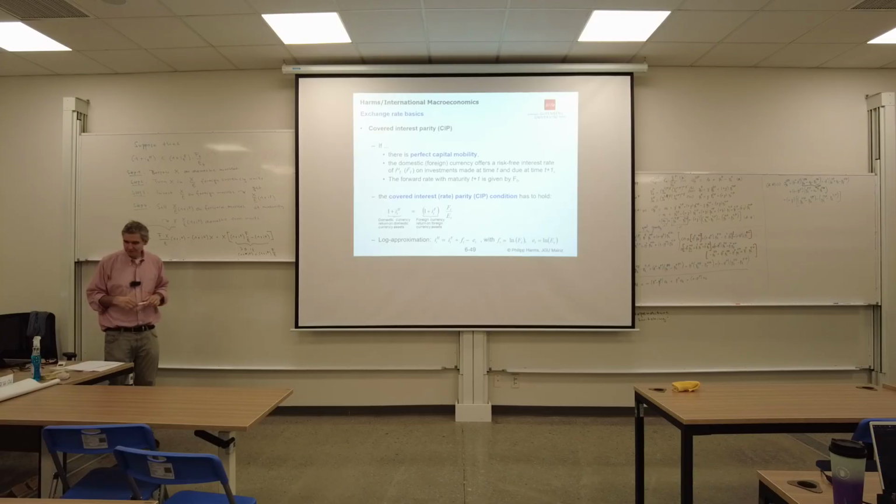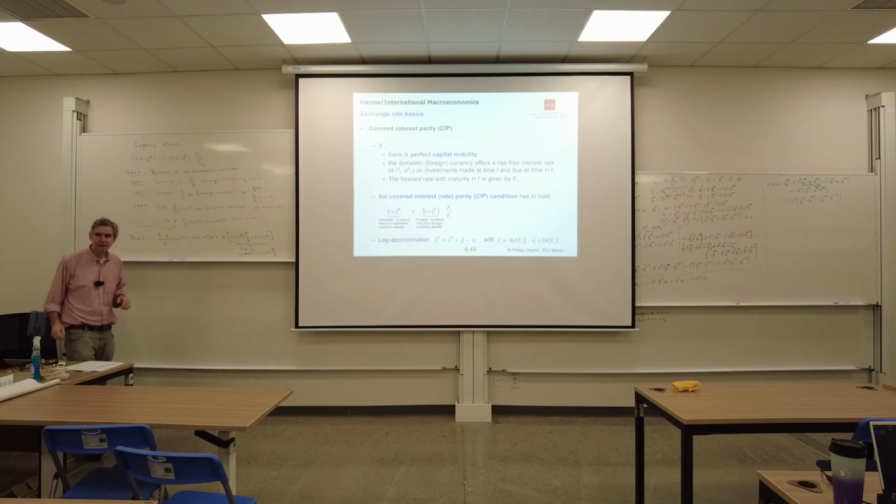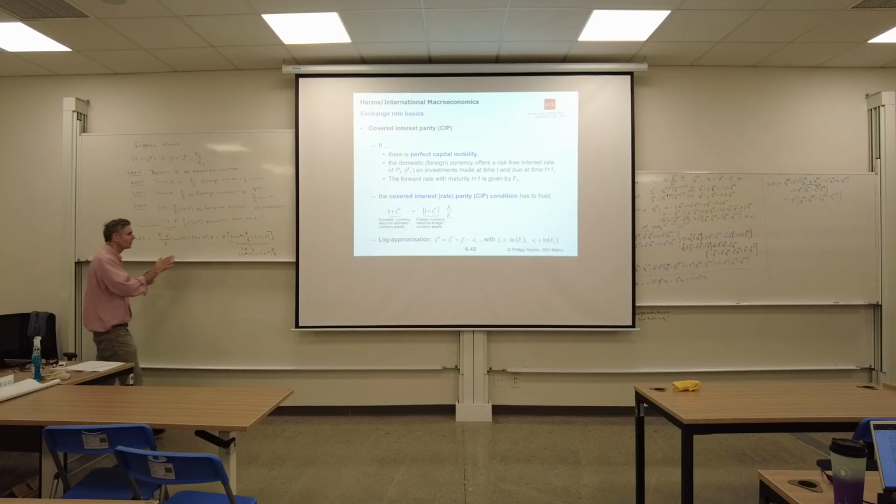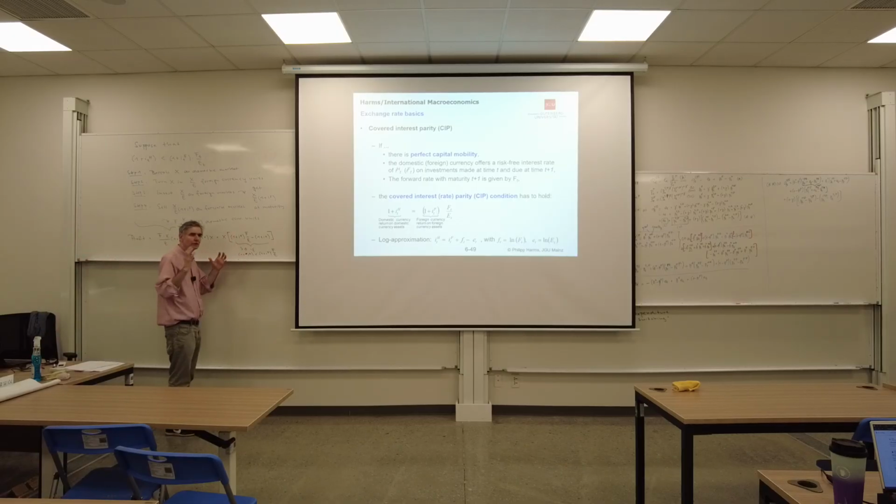Now, usually in economics we say if you can make a lot of money without being creative, courageous, or smart, then everybody wants to do it. If everybody wants to do it, then prices adjust immediately and the arbitrage window closes. So this is called an arbitrage window, right?